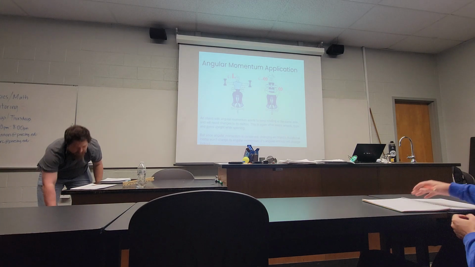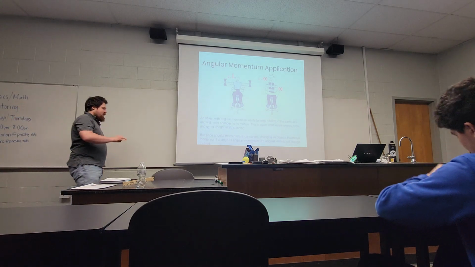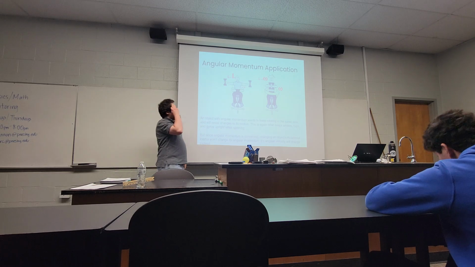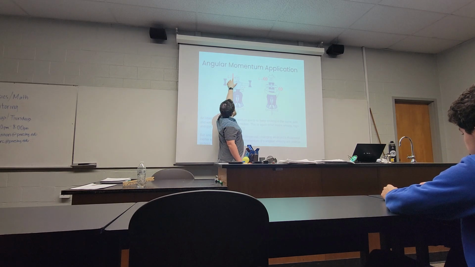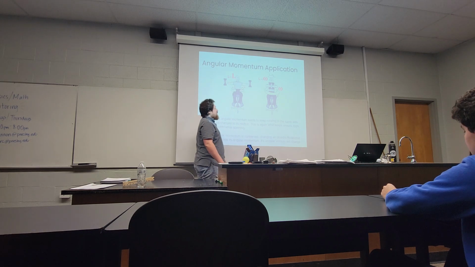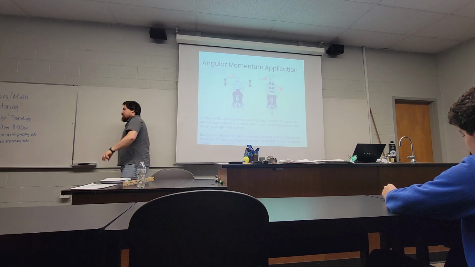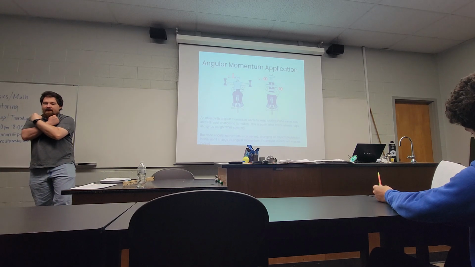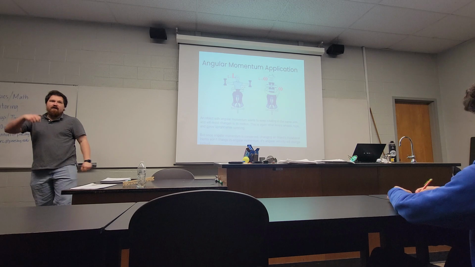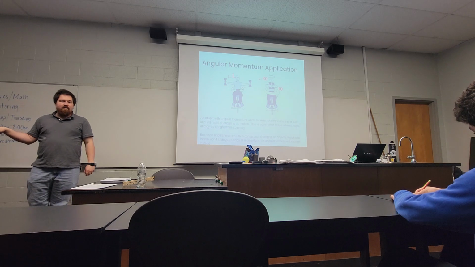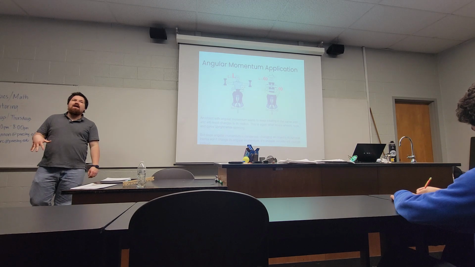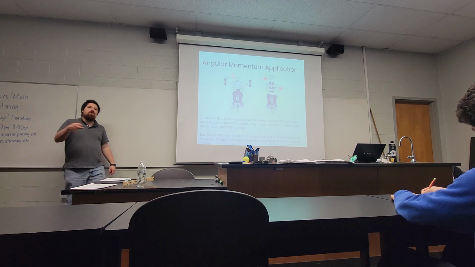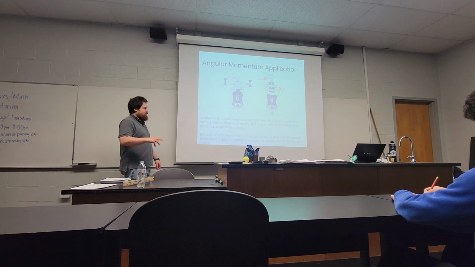Now, normal momentum is calculated with mass times velocity. Angular momentum is calculated with rotational inertia times rotational velocity. And if you can change your rotational inertia by, say, changing your radius, changing your mass distribution, angular momentum is still conserved and your angular velocity will change to make sure your angular momentum is the same from start to finish.